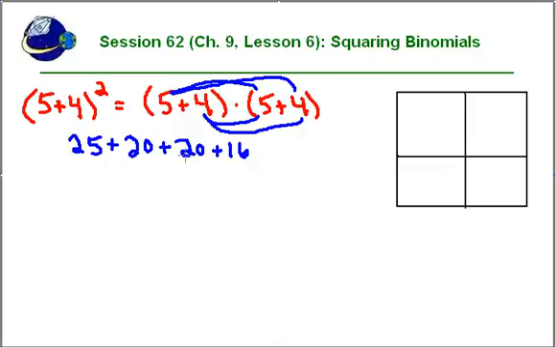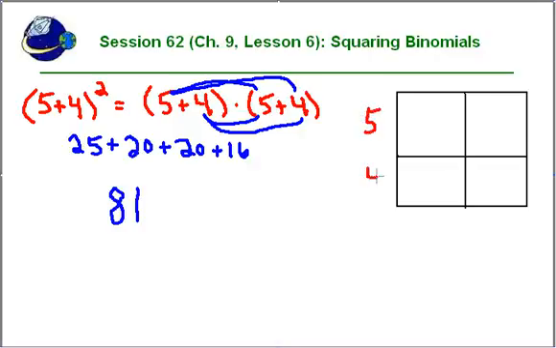If we take these and add them all together, 20 plus 20 is 40, 40 plus 16 is 56, and 56 plus 25 should be 81.